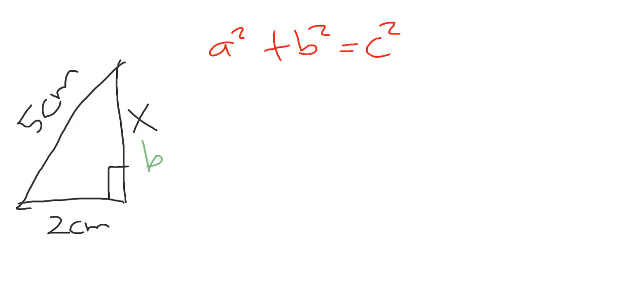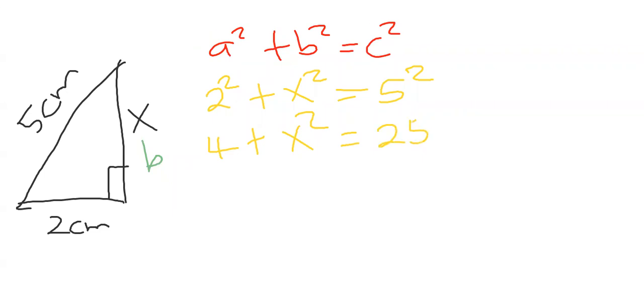So now substitute your values. A is 2, so we have 2 squared plus b squared. Our b squared is x squared. Our b is x, and that's what we are looking for. Then the c, which is the longest side of your triangle, is 5. So this is equal to 5 squared. Then simplifying our equation, we now get 2 squared is 4, plus x squared, equals 5 squared, which is 25.